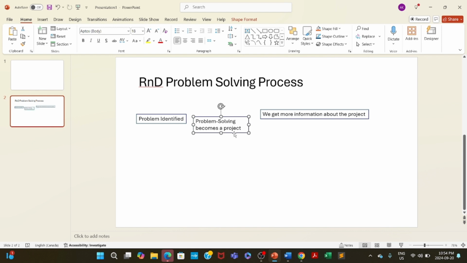When the problem is identified, problem solving becomes a project.